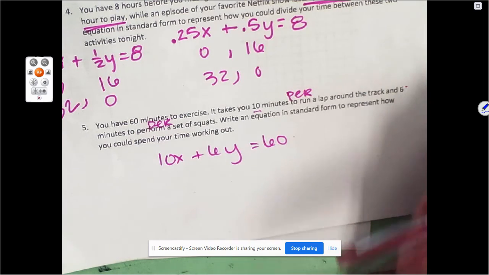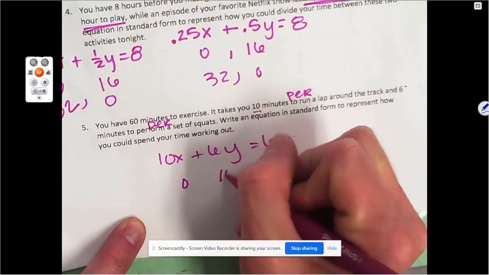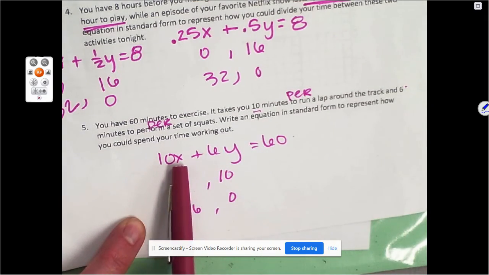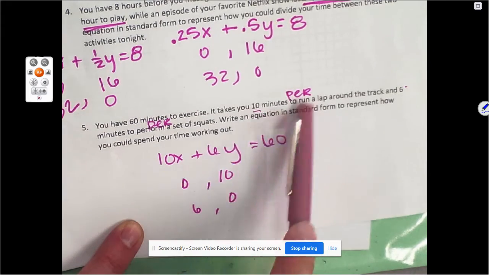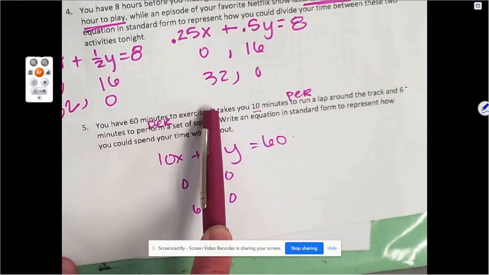The only thing you're going to have to make sure you know, like when you do the intercepts, is what you made X and what you made Y. Did I make X running or doing squats? I did the first one as X and the first one was running. Any questions with this? Yes.